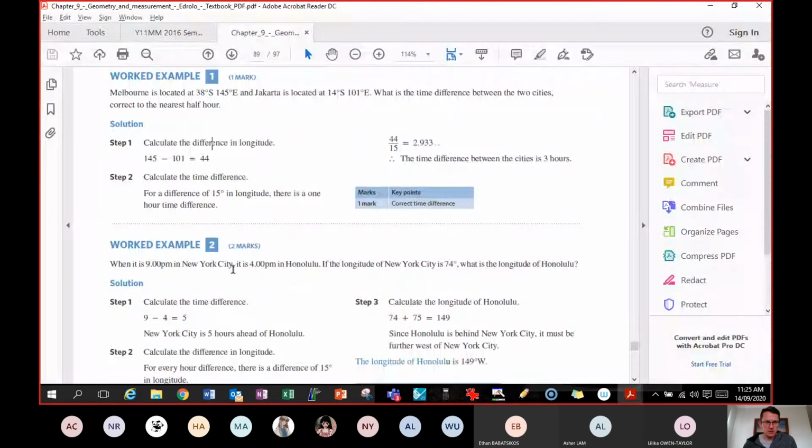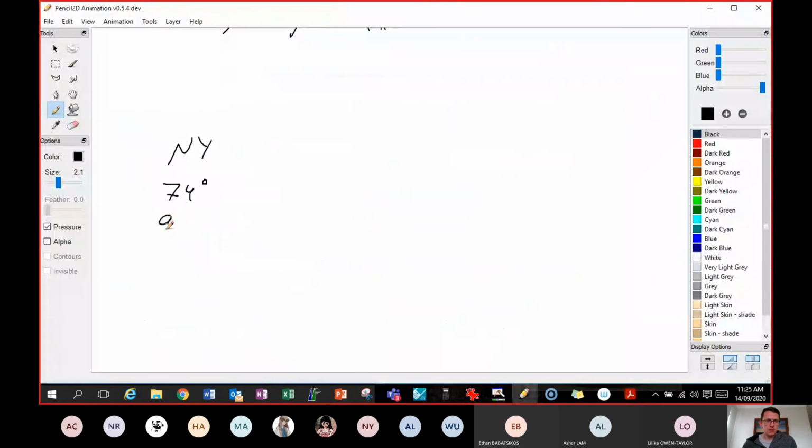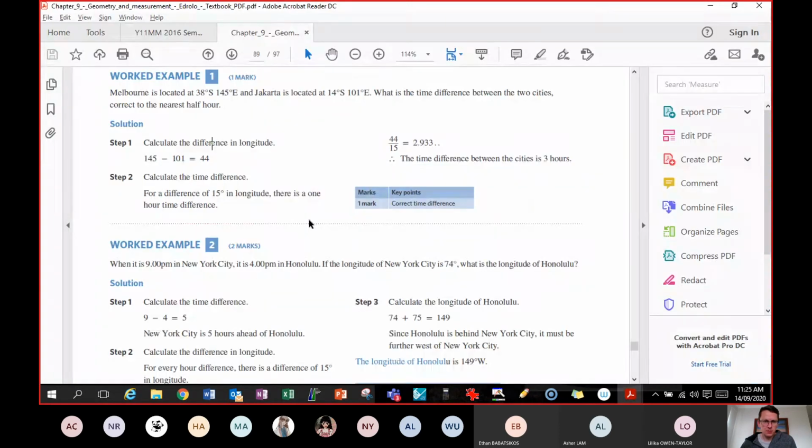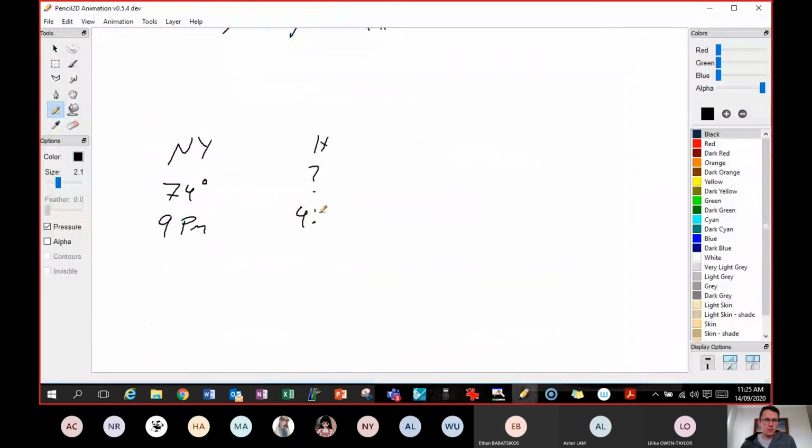New York is 9 p.m., and then we've got Honolulu, which we know is 4 p.m. So we've got a 5 hour difference. Therefore, 5 times 15 degrees is going to be a 75 degree difference.